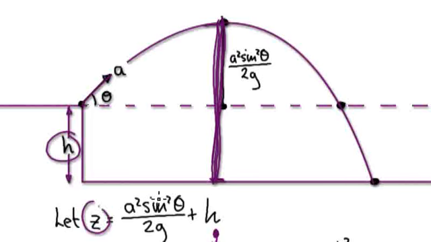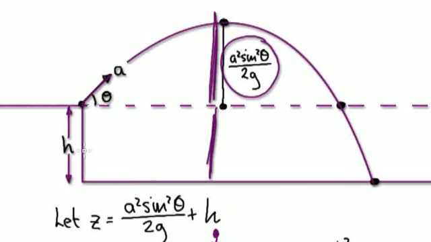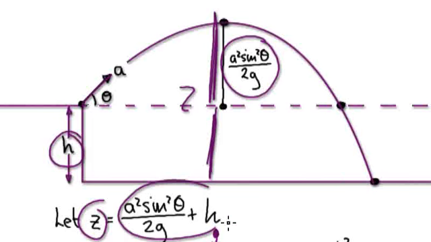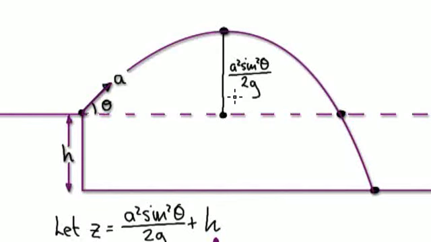So let z equal the height here, which is given by this, and then add it to the h and call the whole thing z. It just saves me writing this thing out all the time. So let that whole height there be z.